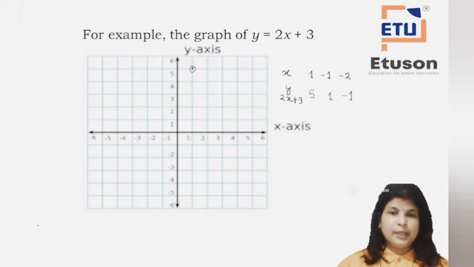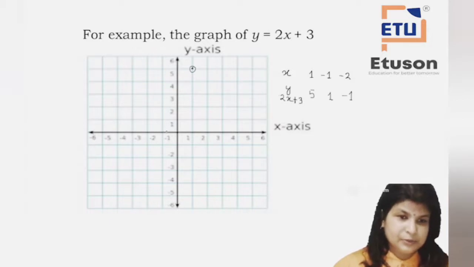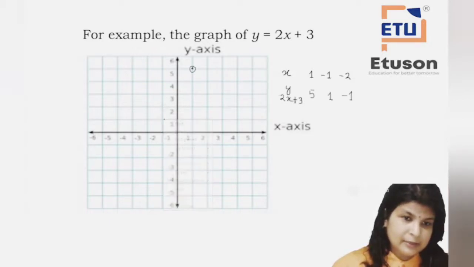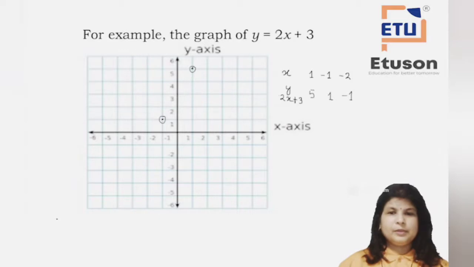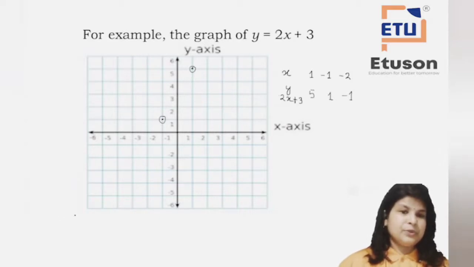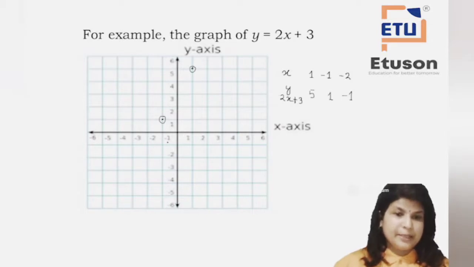Correct. Then -1 and 1. So here comes your -1 and 1. Correct. Then comes your -2 and -1.